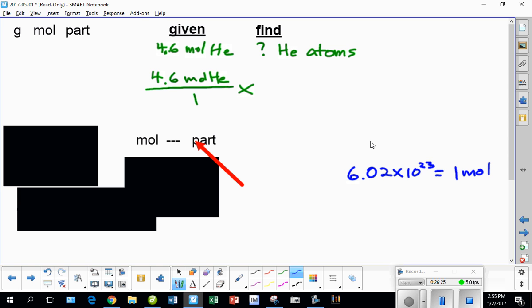Since we're talking about helium, this would be helium, and this would be helium. Now that we have that equality, we can make it into a fraction. So which side has to be on the bottom? The particles or the moles? Very good. So we put moles on the bottom. How many?